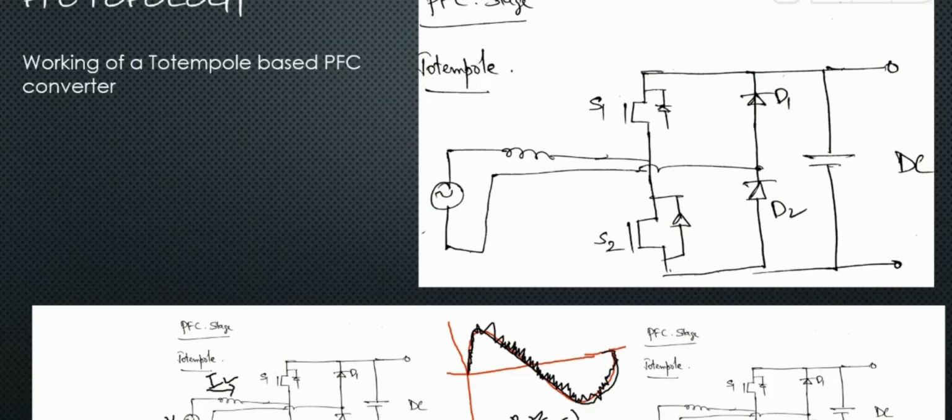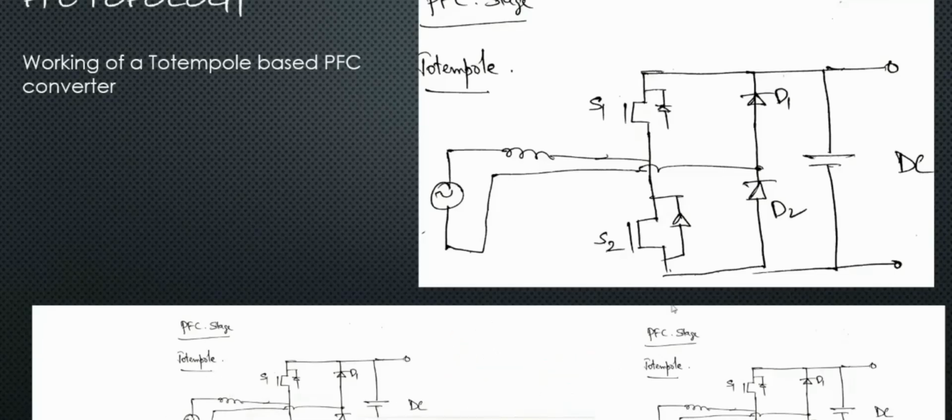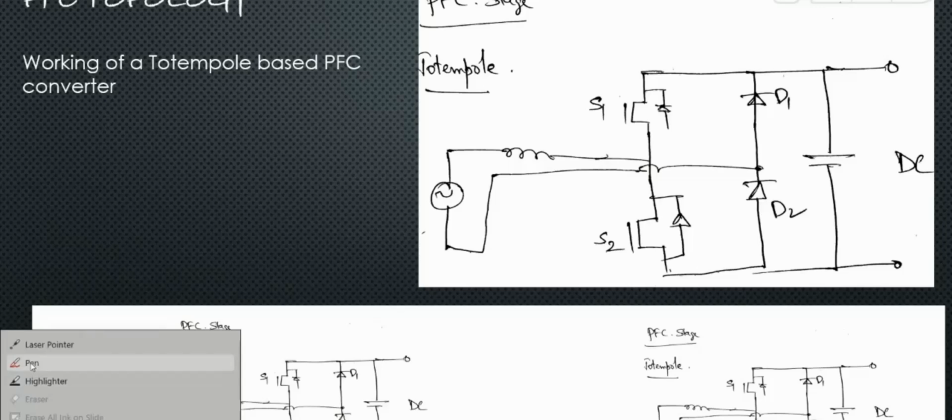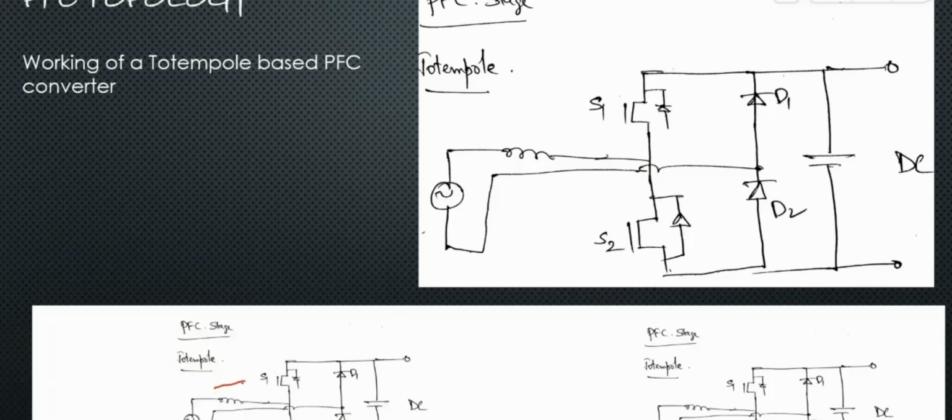Now, how do we make this work? Let's have this as the positive half, and let's say this is my negative. Now we get into the switching of this particular power electronics device. Let's go back to the drawing. We have, let's say, the current passing through the inductor, which is through this basically.